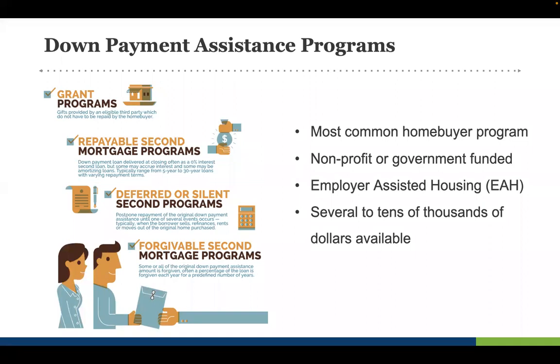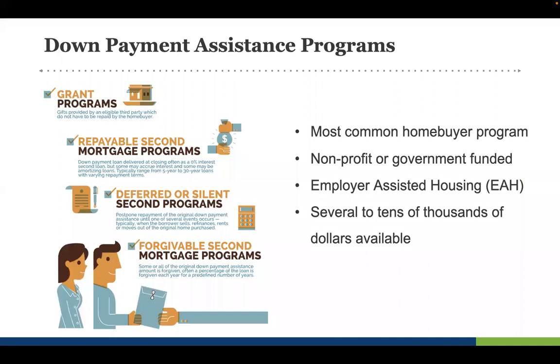So a silent second is a DPA where you get the down payment loan at closing, but you don't have to make monthly payments on that loan for some period of time, often the life of the first mortgage that it came with. So that basically means you typically wouldn't have to make a payment until you sell or refinance or move out of the home that you bought with that DPA.